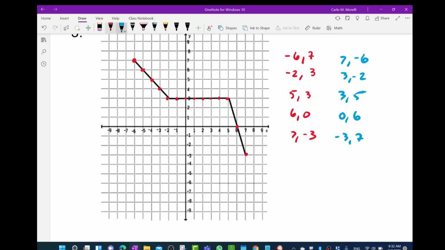So this is the original, and this is the inverse, okay? So we'll plot those inverse points since that's what they want. 7, negative 6 would be all the way over here, down here, right here. 3, negative 2 would be here. 3, 5 would be here.